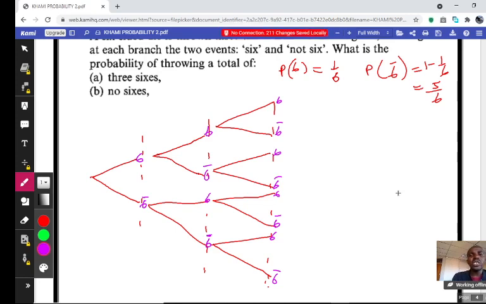Right. So the probabilities will never change. They will still be the same. So of a 6, it will be 1 over 6. Not a 6 is 5 over 6.